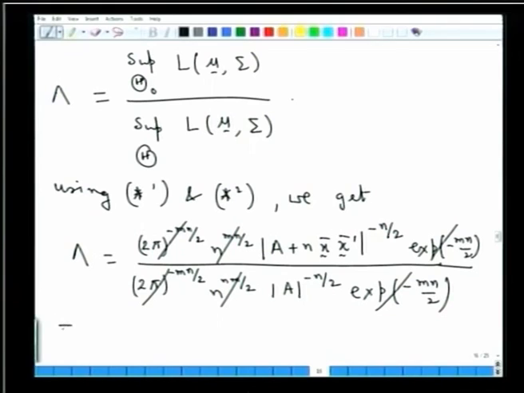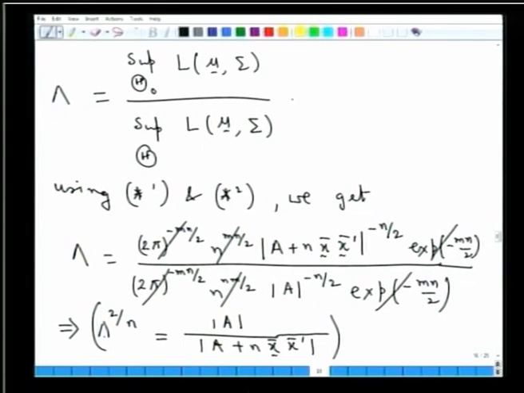So what we have is this simple form that lambda to the power 2 by n is going to be equal to, let's flip these two terms, determinant of A divided by determinant of A plus n times x bar transpose, the determinant of this term here, in just this form. So we will use this form. This is the likelihood ratio lambda raised to the power 2 by n, that is equal to determinant of A divided by determinant of A plus n times x bar transpose.